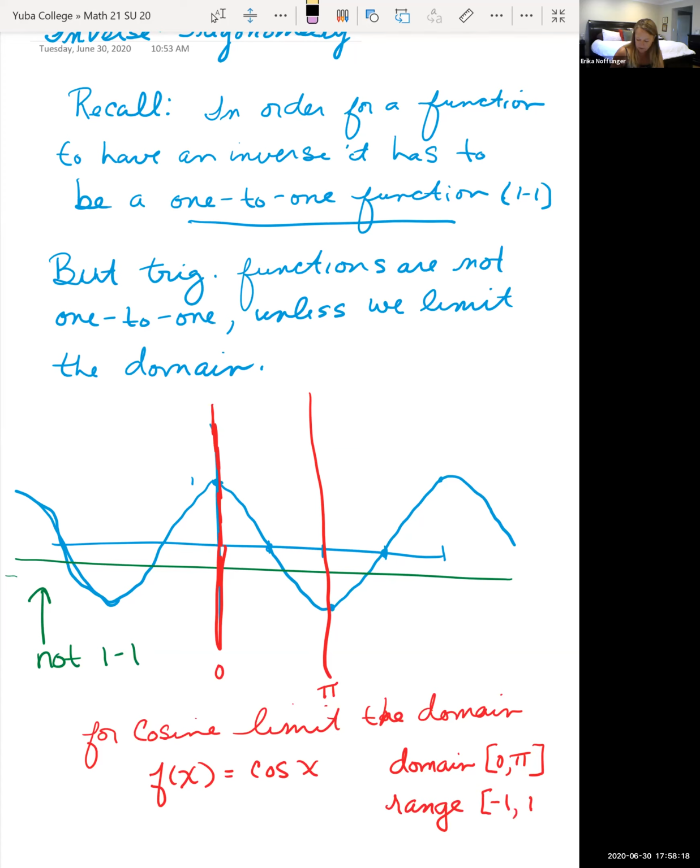That would give us our inverse function. So if I did this, x is equal to cosine of y. But we don't know how to do that. Basically, we use the fact that a function and the inverse function, the composition of the two, is equal to that value. So I'm going to take the cosine inverse of both sides.